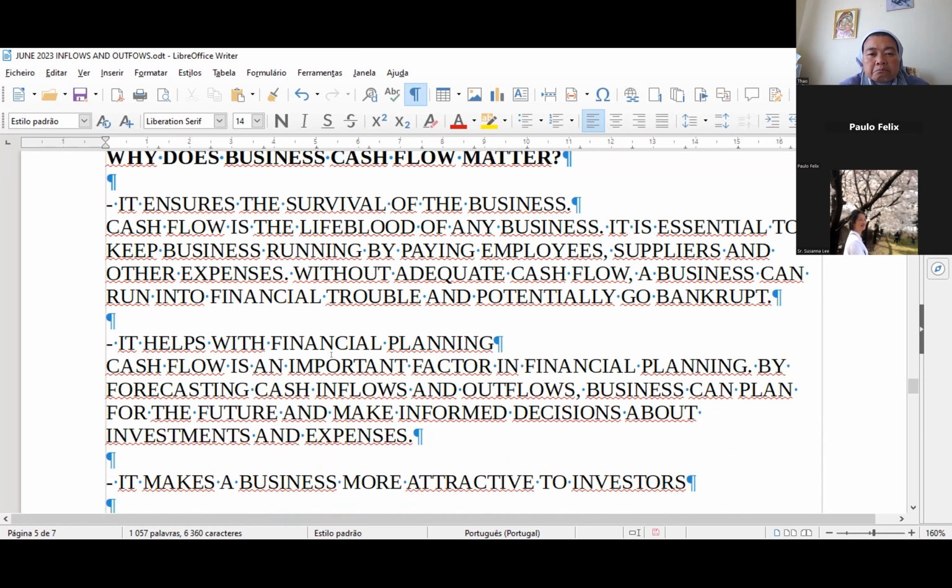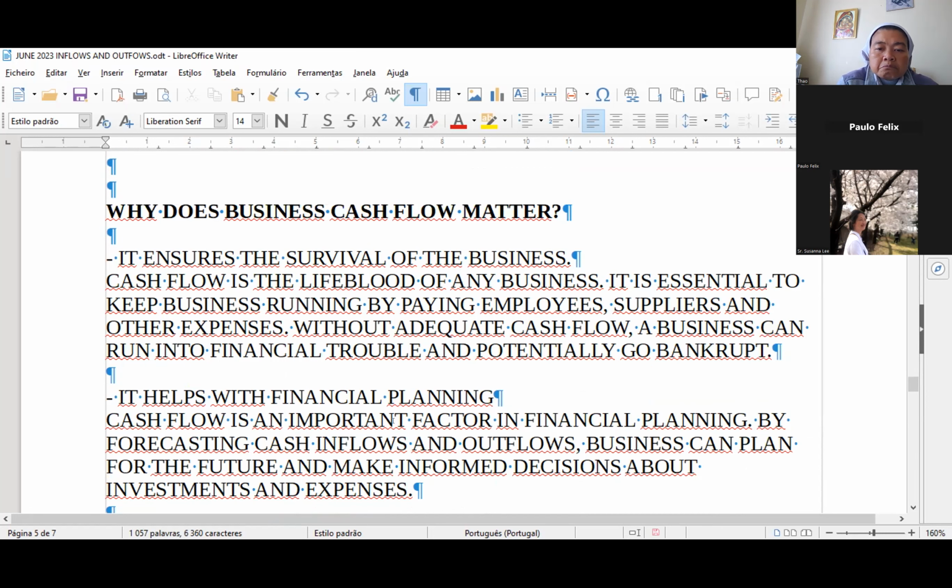It helps with financial planning. Cash flow is an important factor in financial planning. By forecasting cash inflows and outflows, a business can plan for the future and make informed decisions about investments and expenses. In this aspect, you can also compare it to the budget.